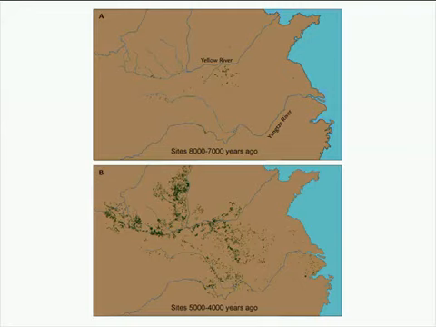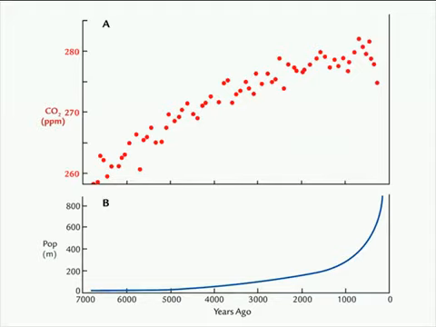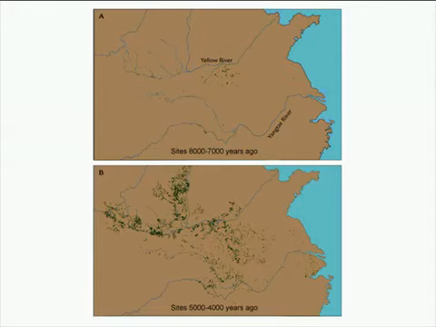And remember that it's just in that lower map interval that irrigated rice begins to spread out of the Yangtze River area south. So the lower part of that map in the next 1,000 to 2,000 years is going to get very dense with sites.